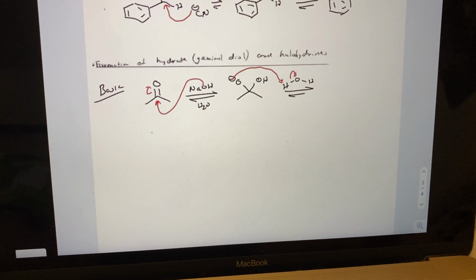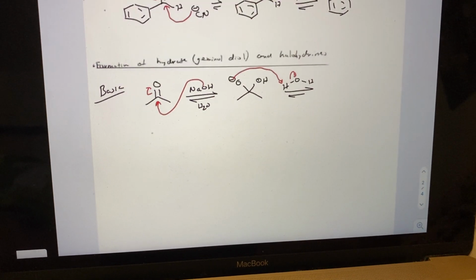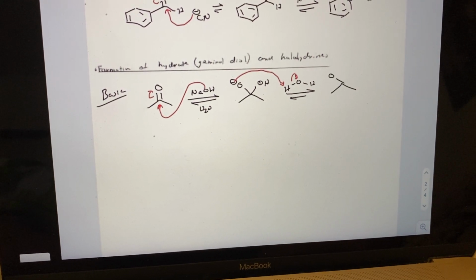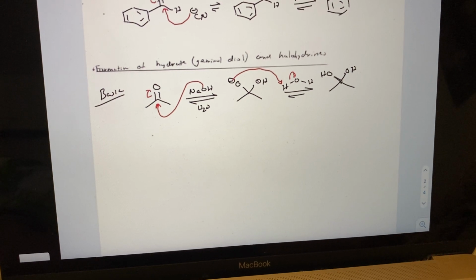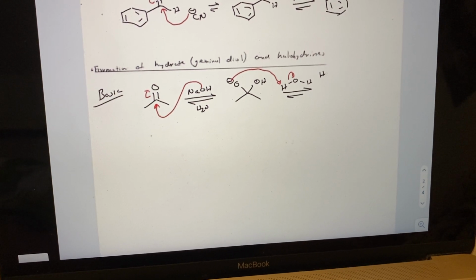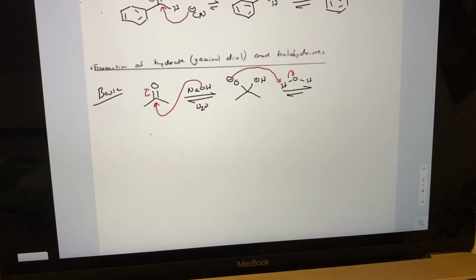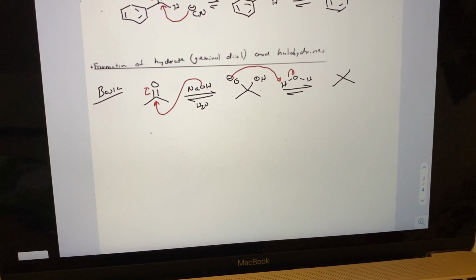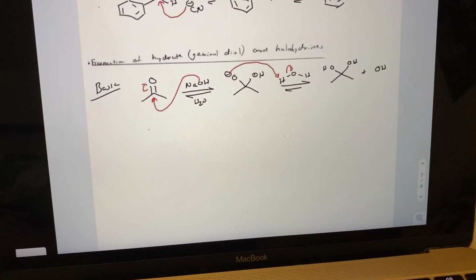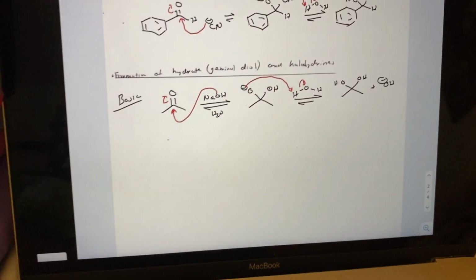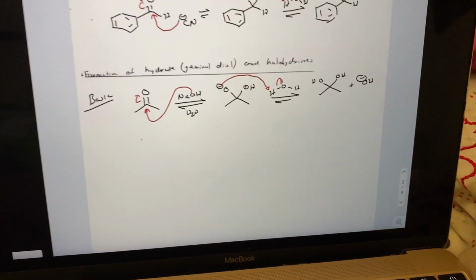Just I'm showing it again now with a ketone. OH and OH, those are supposed to connect to the same spot. Plus hydroxide. So I know this sounds repetitive because it is.